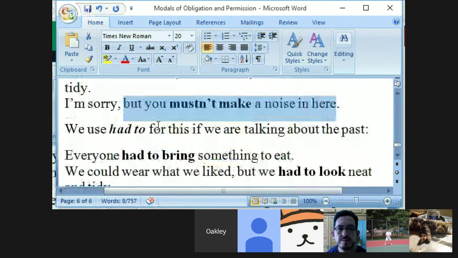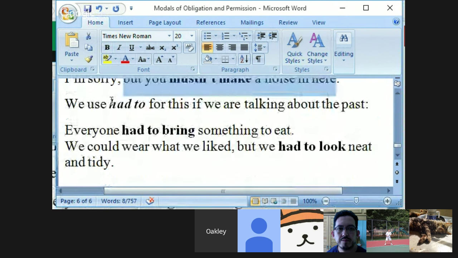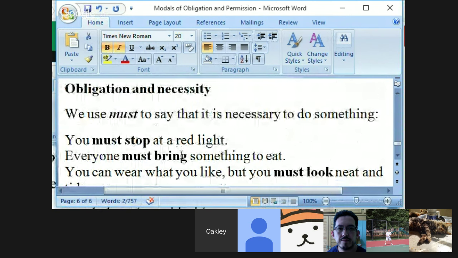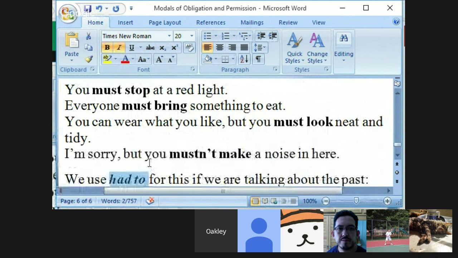So if we need to talk about past tense, we're going to use the phrasal modal had to. By the way, you have to stop at the red light. Everyone has to bring something to eat. Have to can be used for must, but not mustn't. It's totally different if I say you don't have to make noise.